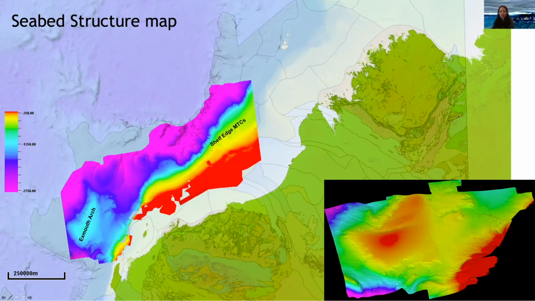This also shows how these mass transport complexes are present and how they relate to the collapse of the shelf margin.